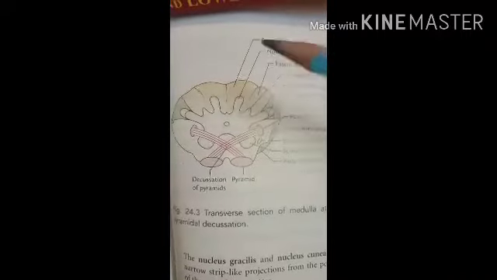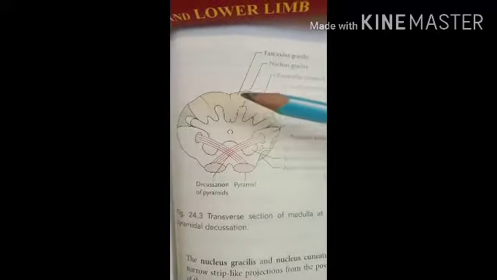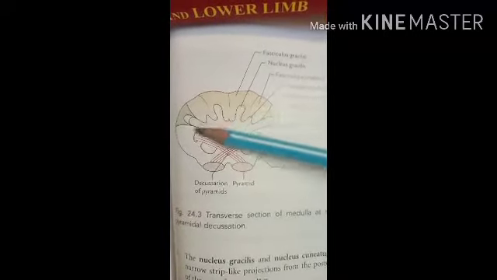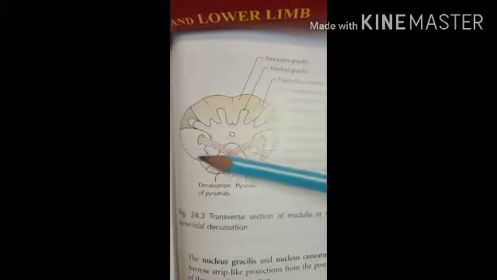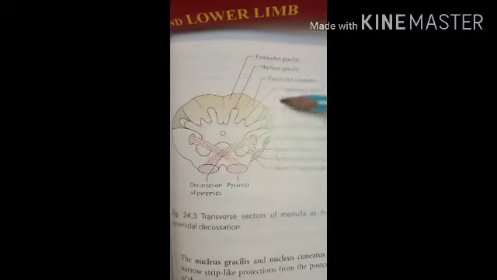Firstly, see the white matter. You know that any TS of the brainstem consists of centrally placed gray matter, which is butterfly in shape, and peripherally the white matter is present. So firstly we have to see the white matter, the peripheral part.